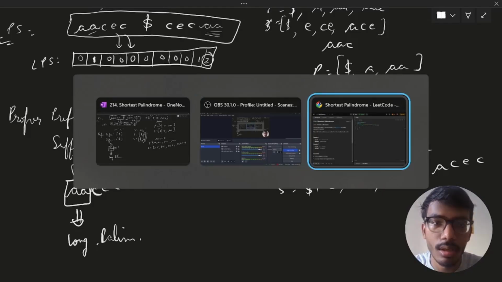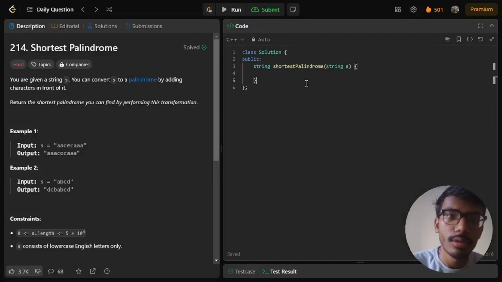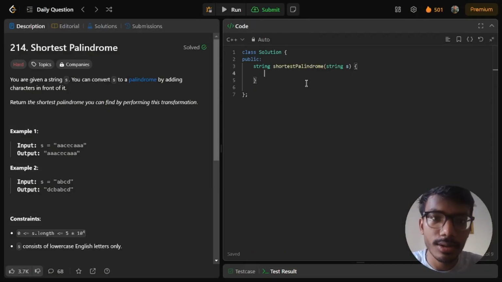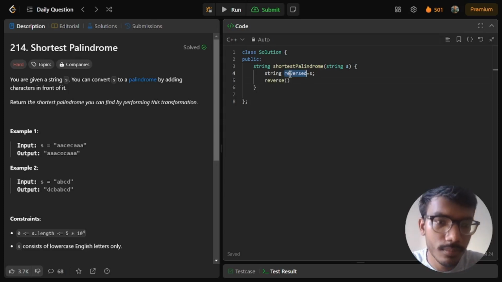It is just a simple implementation, right? Before that, I would simply build a string first. I would be reversing the string.